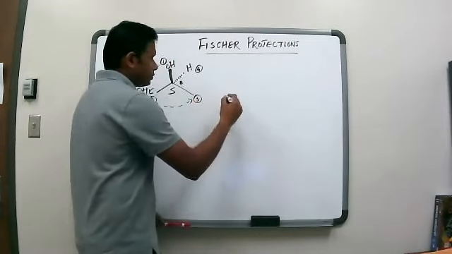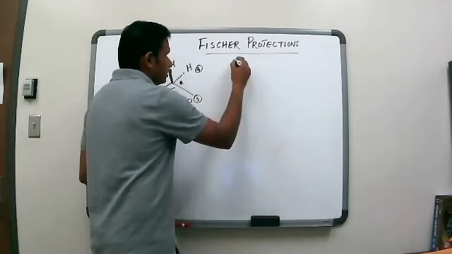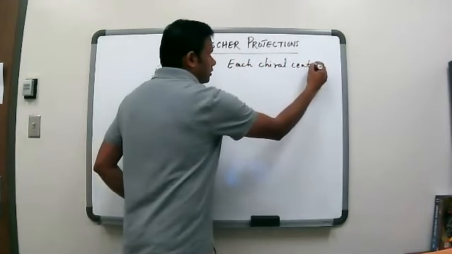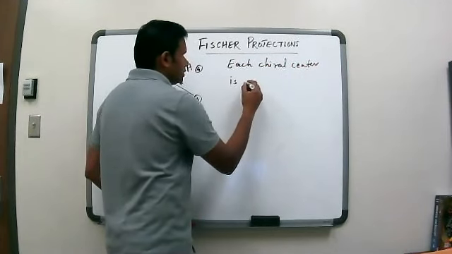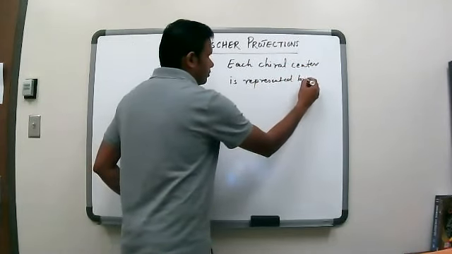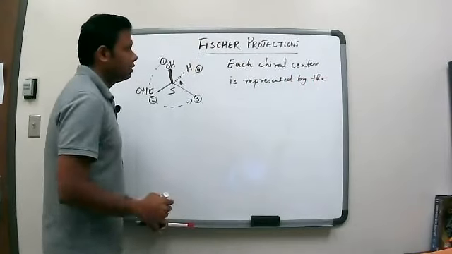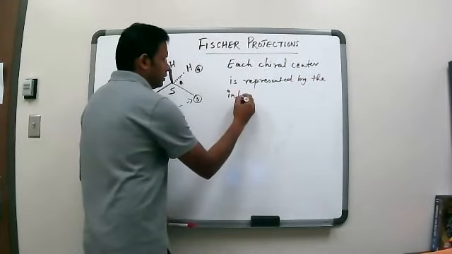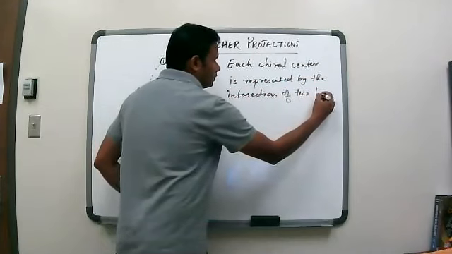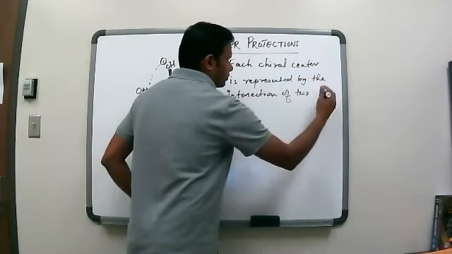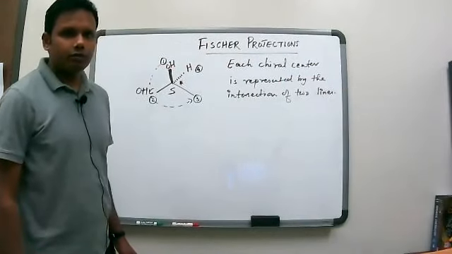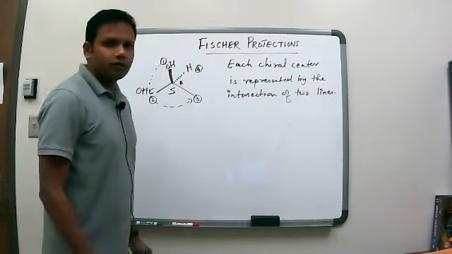In a Fischer projection, each chiral center is represented by the intersection of 2 lines.